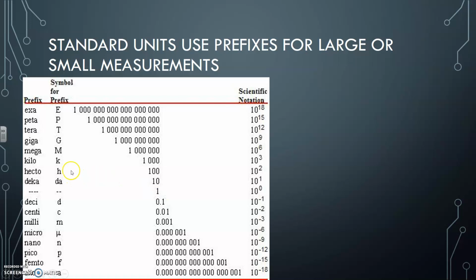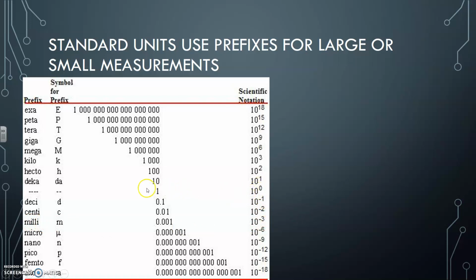You will need to know at least from giga down to femto, and you'll need to know the scientific notation for them. So giga is 10 to the 9th, mega is 10 to the 6th, and then when we get into kilo down to milli, you'll see that it's a step of 1 for each exponent.